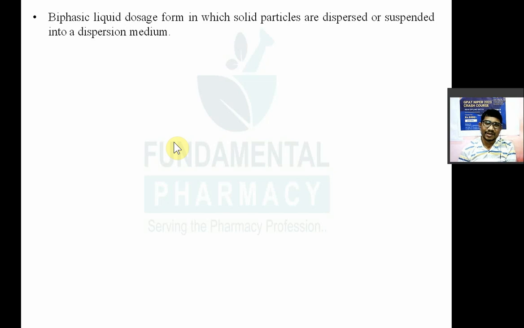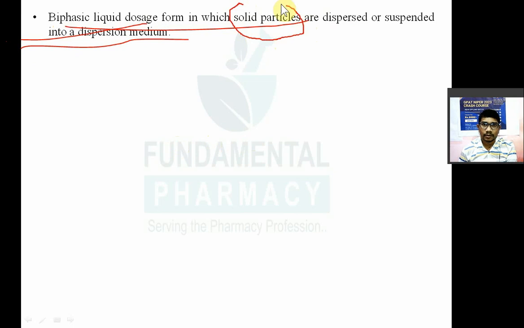So suspensions are nothing but a biphasic liquid dosage form in which solid particles are dispersed or suspended in a dispersion medium. These suspended solid particles are known as the dispersed phase or internal phase.